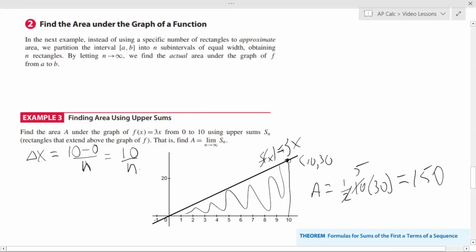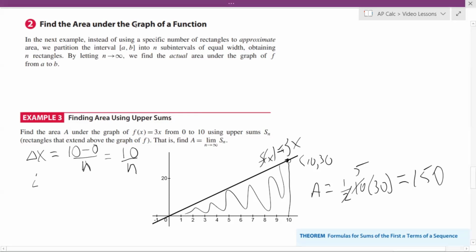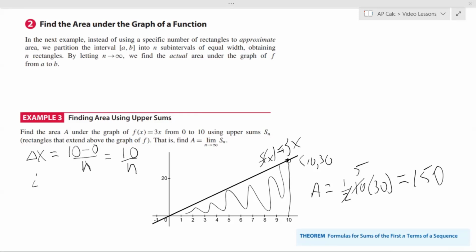Okay, so I'm going to let i equal the rectangle that I'm on. So if i equals 1, 2, 3, 4, 5, 6, I'm on the first, second, third, fourth, fifth, sixth, and so forth rectangles.